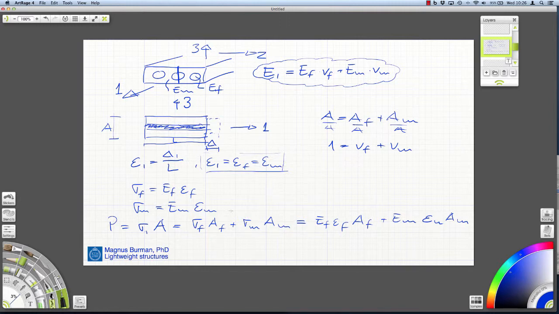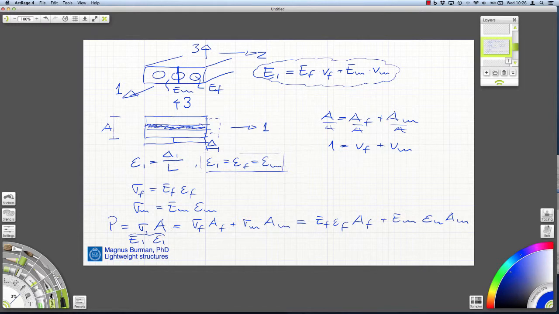So if we now put this in here, we will end up having, and this is of course the elastic modulus 1 times the strain in the one direction, right?